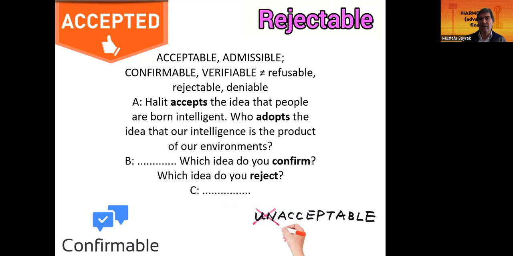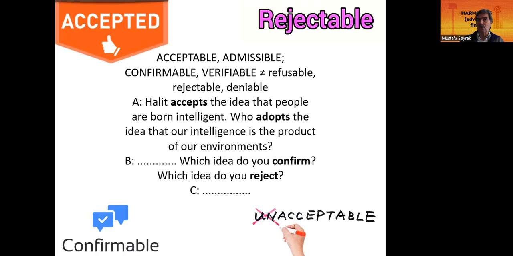Khalid accepts the idea that people are born intelligent. Who adopts? Who is into? Who likes? Who adopts? Yeah, who adopts the idea that our intelligence is the product of our environments?